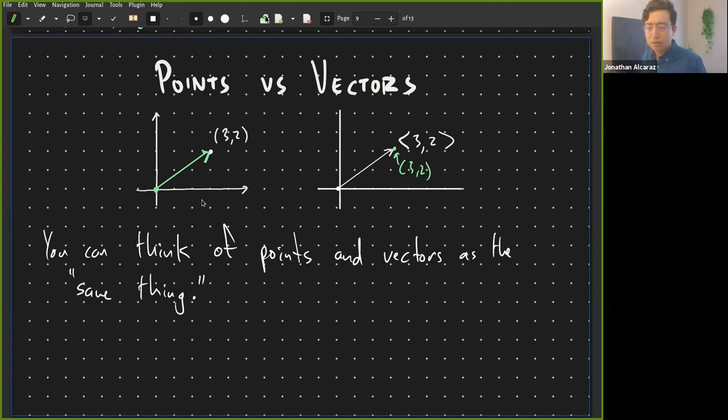Yeah, so you can think of every point as just the vector that points to it. A point is just the vector that points to it.